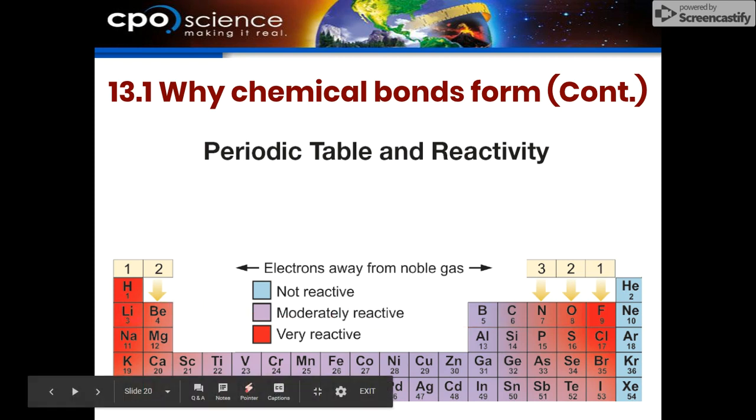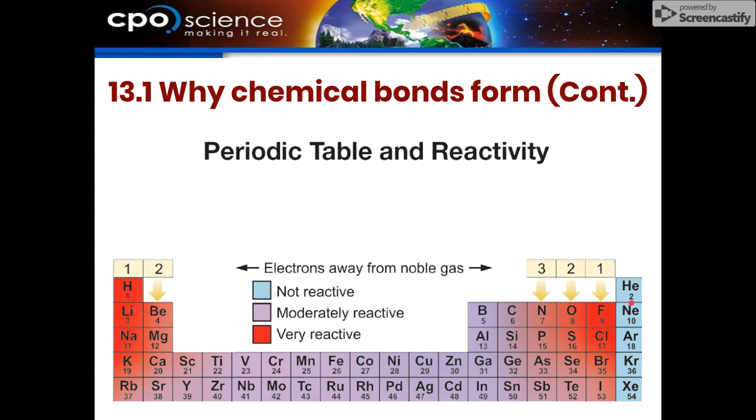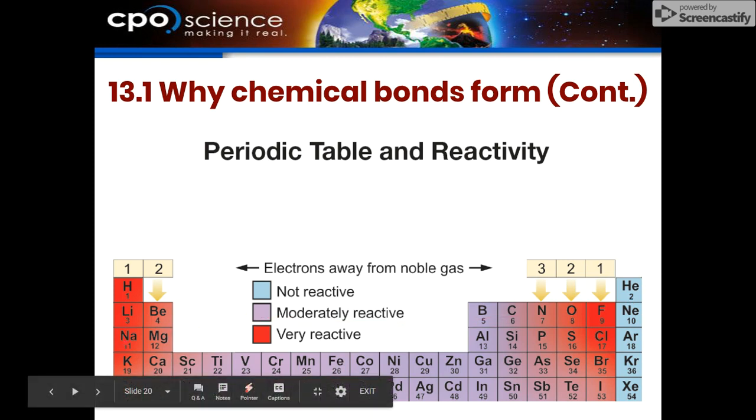Well, it either needs to gain 7 to be like neon's 10, or lithium with 3 can lose 1 and become like helium with 2, right? It's going to be a lot easier to lose 1. Okay, so same with sodium. 11, it can just lose 1 to be like neon that has 10.